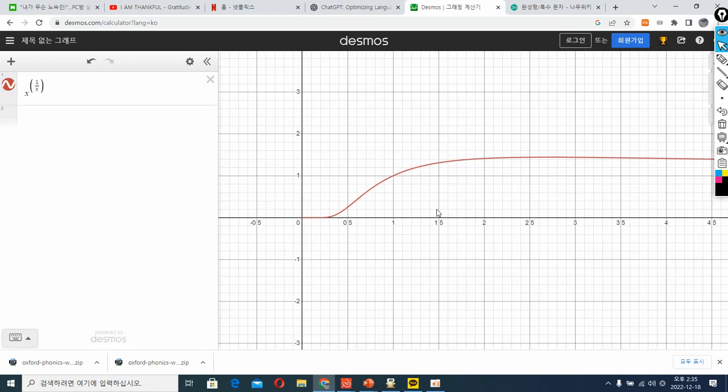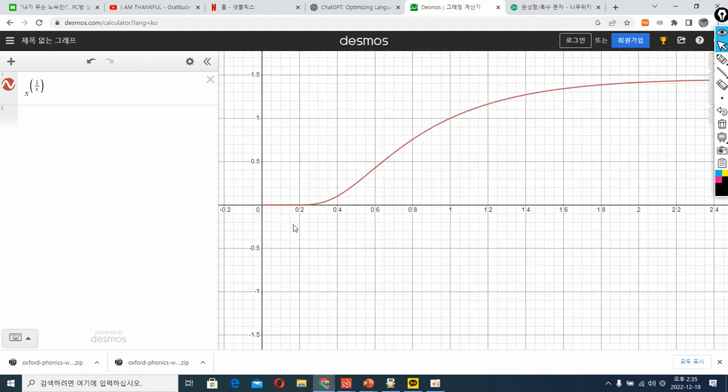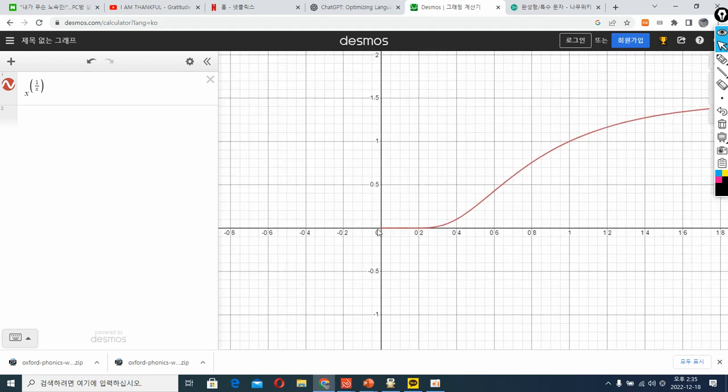So when you look at this graph, at first it seems that the functional value approaches 0 when x goes to 0.